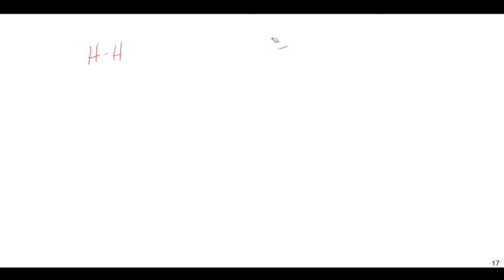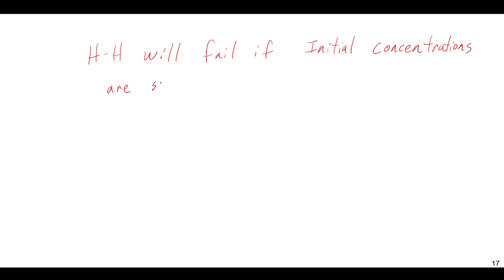maybe I'll write this a different way. Henderson-Hasselbalch will fail and be a poor approximation if the initial concentrations of the conjugate acid and base pair are small and only maybe 10 to 100 times as large as Ka.